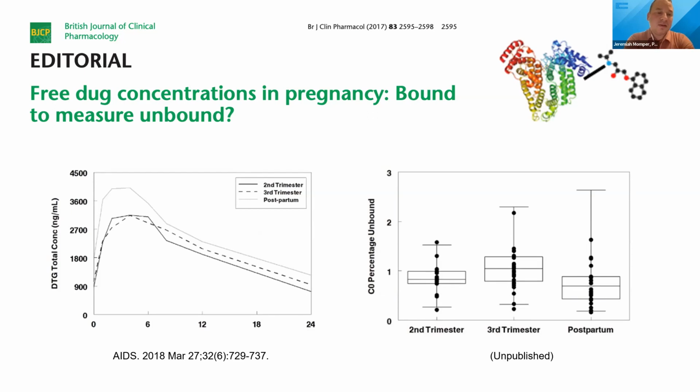And so this is an important issue and something that we've seen certainly in recent years provides greater context for interpreting drug concentrations in pregnancy. There is a dilutional effect on albumin during pregnancy. As volume expands, albumin concentrations tend to decrease, and that has an effect on unbound drug concentrations. It can also affect clearance and bioavailability depending upon the extraction ratio of the drug that you're interested in.